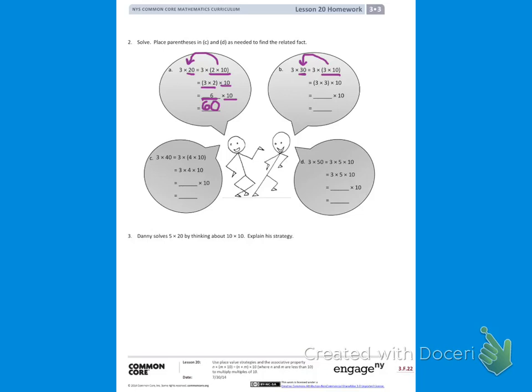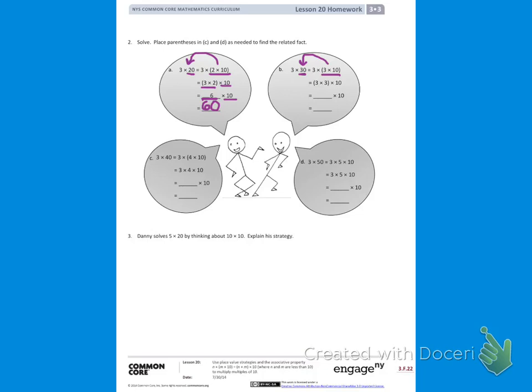It's much easier to multiply by tens than 30s. Now they use the associative property of multiplication and they moved the parentheses. Underneath you can see that they've written 3 times 3 in parentheses and then multiplied by 10.